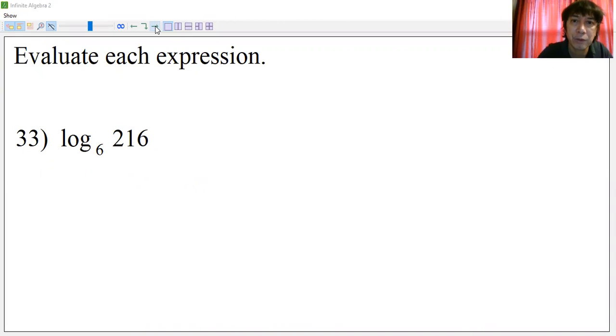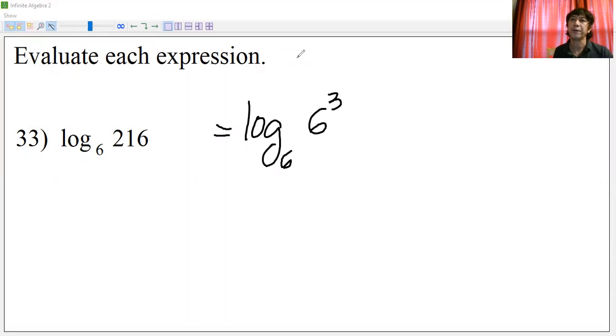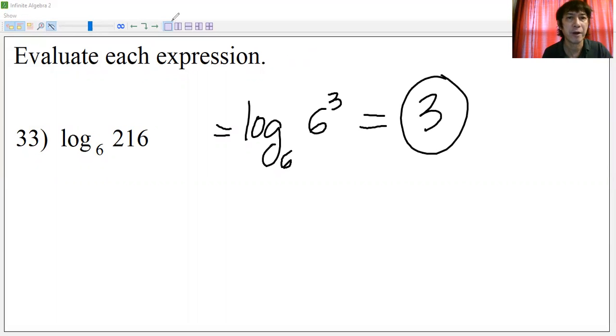So this will only be logarithm base 6 of 6 to the 3. That's 216. 6 times 6 times 6. And so the answer here is just 3. There. All right, let's verify the answer. There, it is 3.